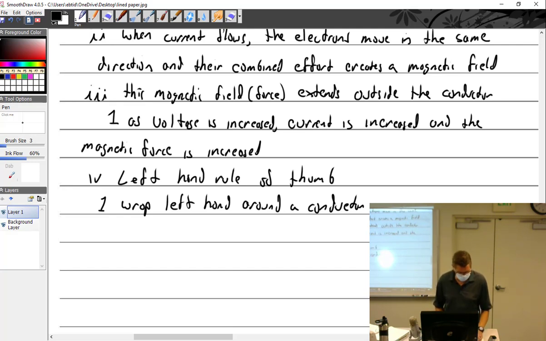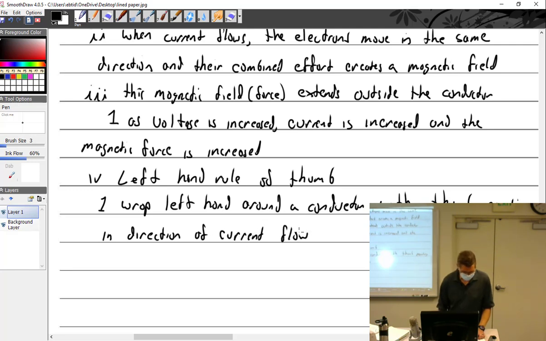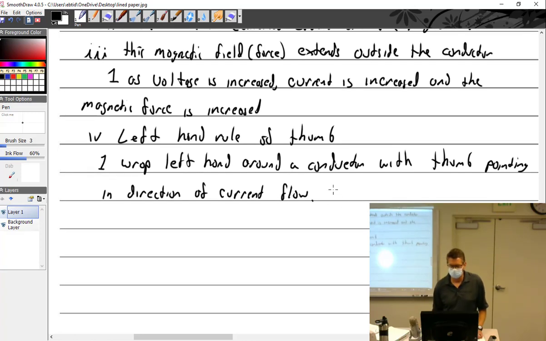Wrap left hand around a conductor with thumb pointing in the direction of current flow, and your fingers will show the direction of the magnetic field.